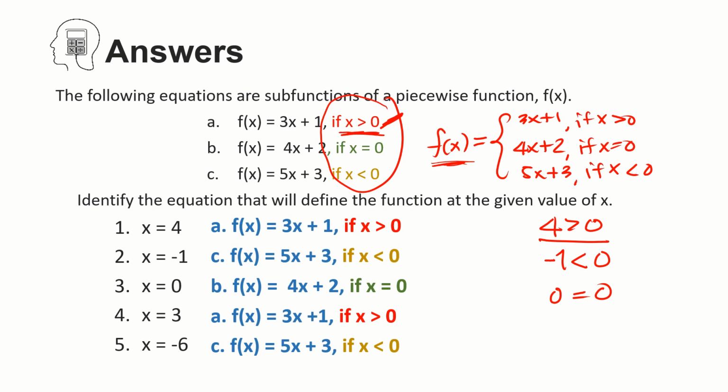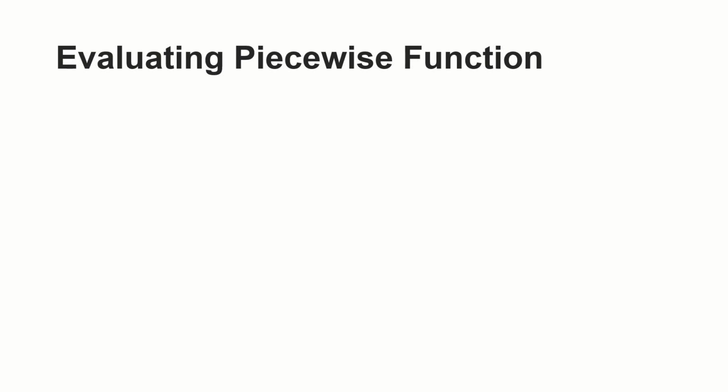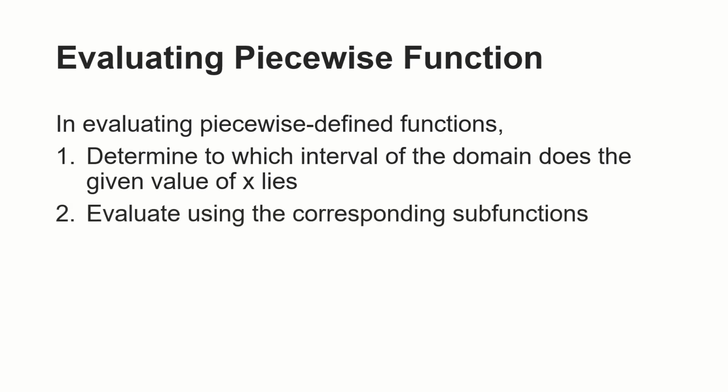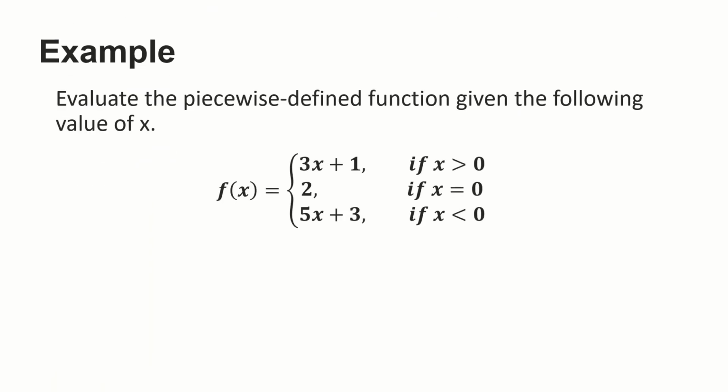With this knowledge, we can now evaluate our piecewise function. In evaluating a piecewise function, first we determine to which interval of the domain the given value of x lies, and then we evaluate using the corresponding subfunction.